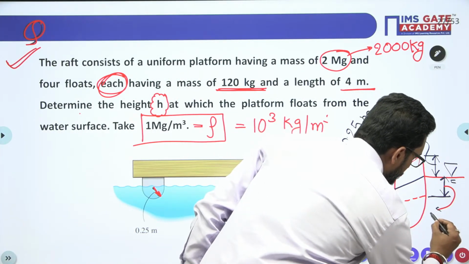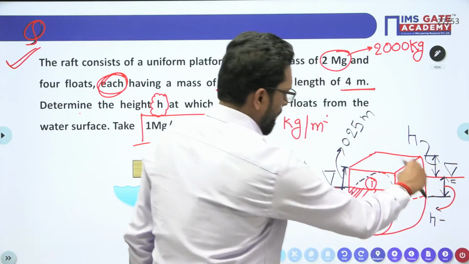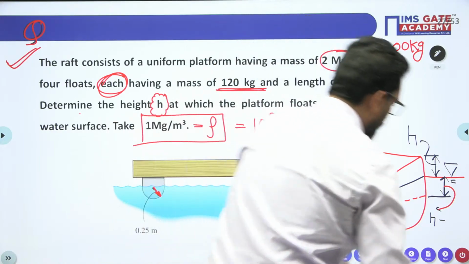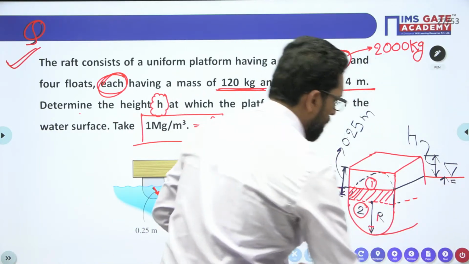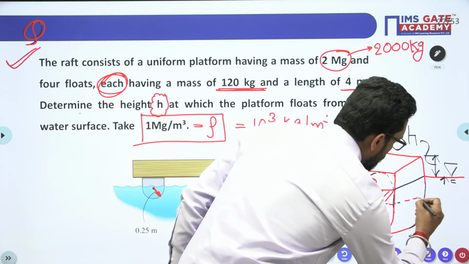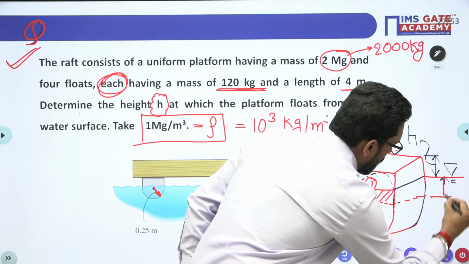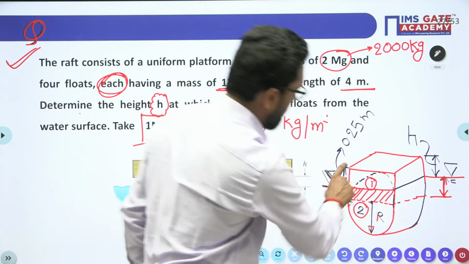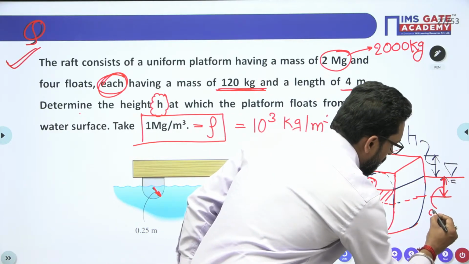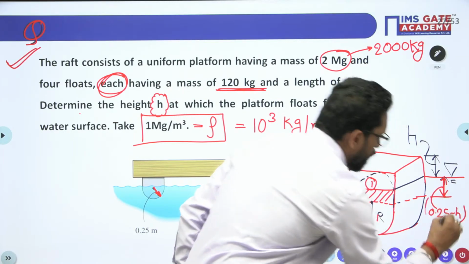This is your h minus 0.25. This height is 0.25. Total height is 0.25 minus h. This part is also submerged.